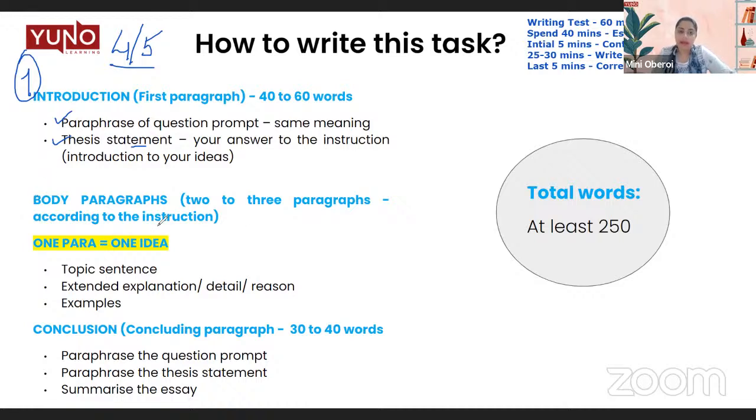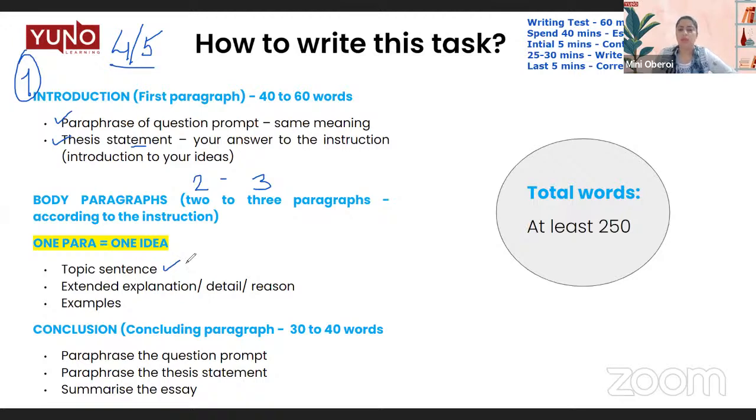Now, body paragraphs may vary from 2 to 3 paragraphs depending upon the instruction. You'll also understand how to judge whether I need to write 2 body paragraphs or 3. We'll discuss that also. Now, each body paragraph must contain a topic sentence, whichever thing you are writing.